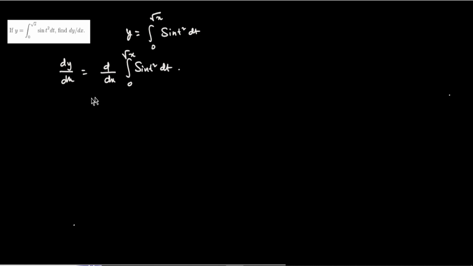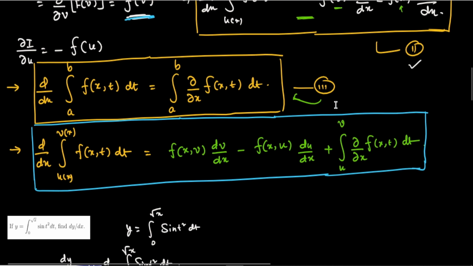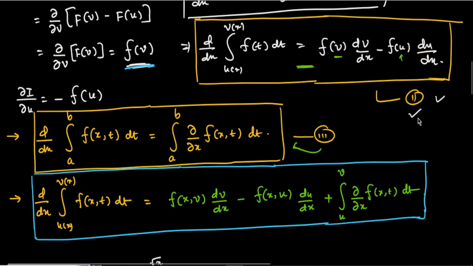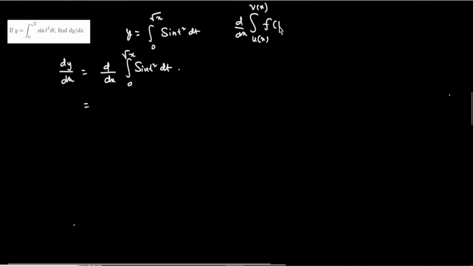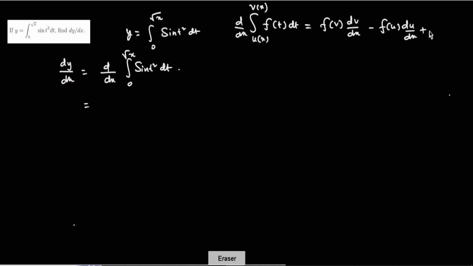Okay, so here we will use the formula of equation 2. The formula is given: d by dx of the integral from u to v, where u and v are functions of x, of f of t dt equals f of v dv by dx minus f of u du by dx plus, okay, this is our required formula.